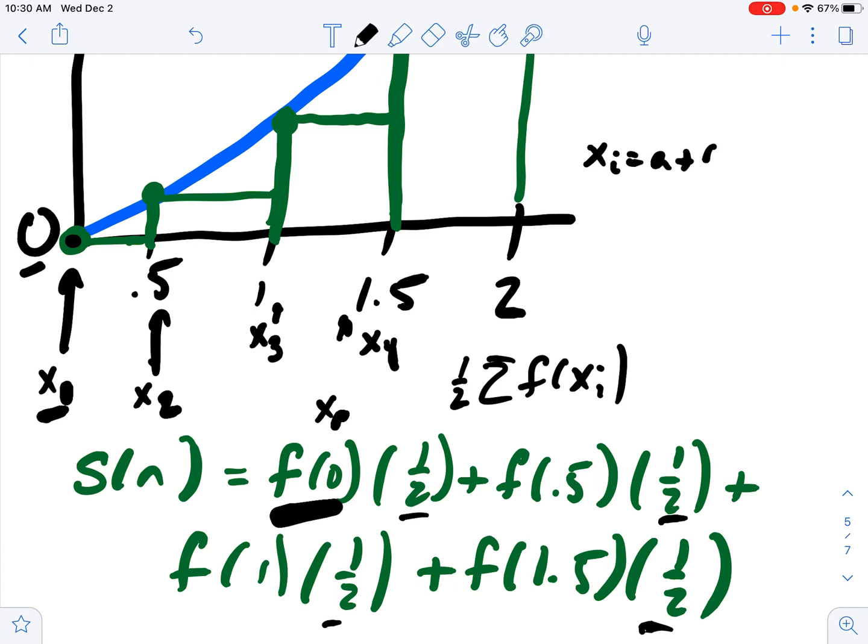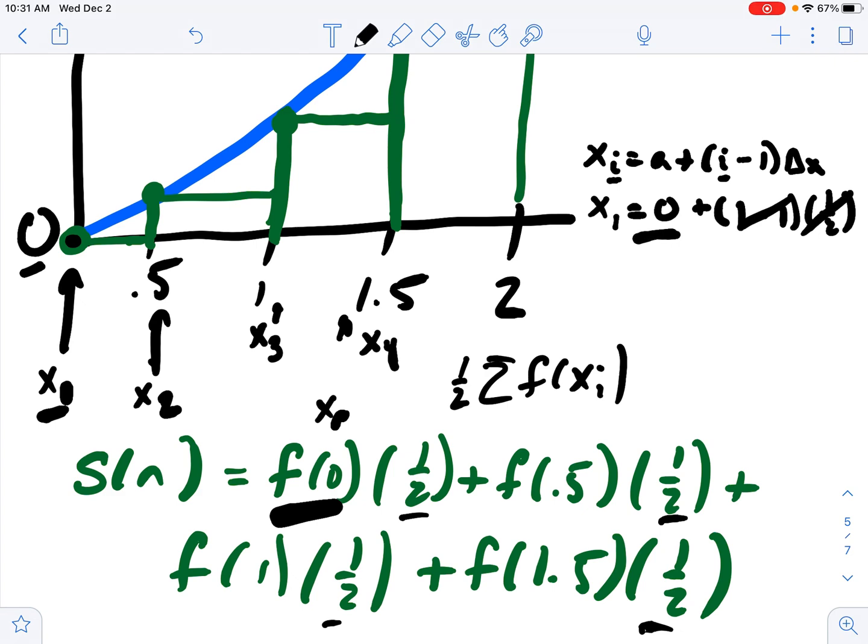Well, think about that. x sub i equals a plus i minus 1 delta x. So my first x value was a, which was 0, plus plug in 1 for i, times my delta x. Well, 1 minus 1 is 0, times anything is 0. My first x value was 0. Yes, it was. My second x value was 0.5.